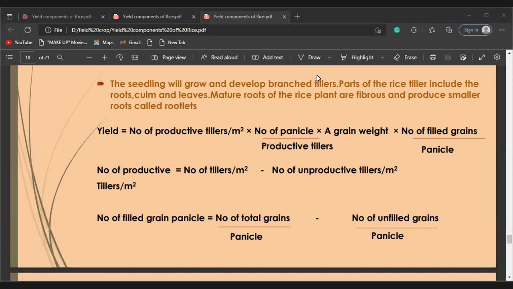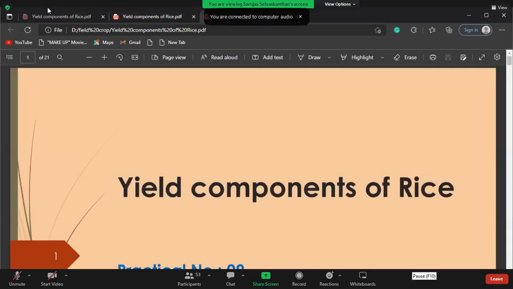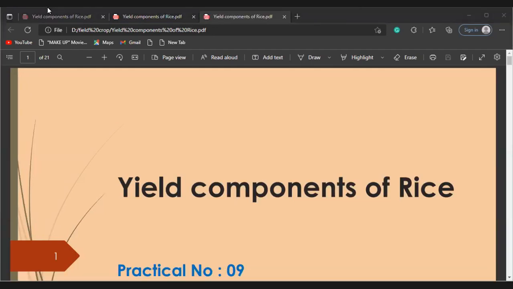Clear? Sindhuja Bale. Yes or no? Yes or no?